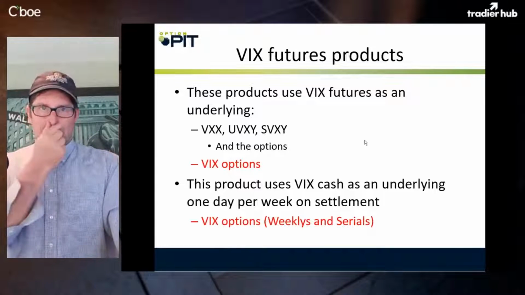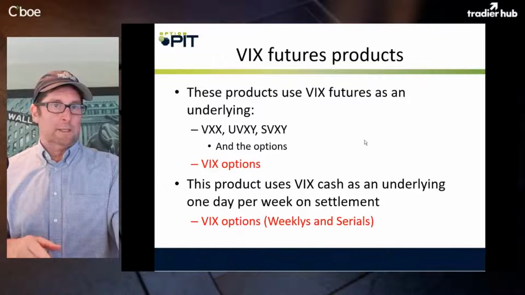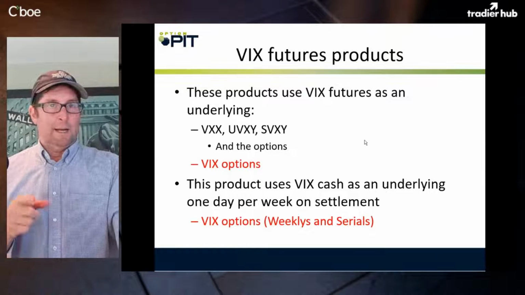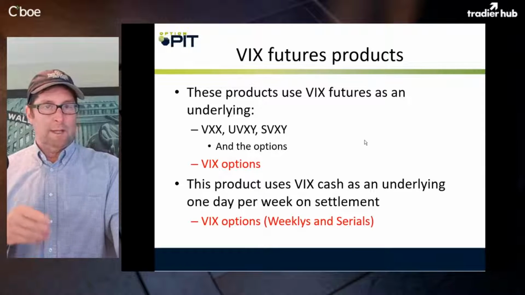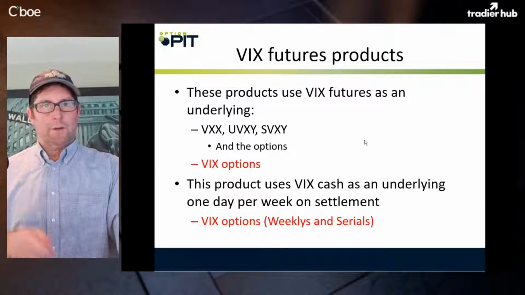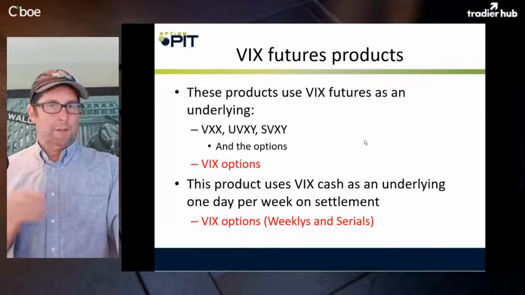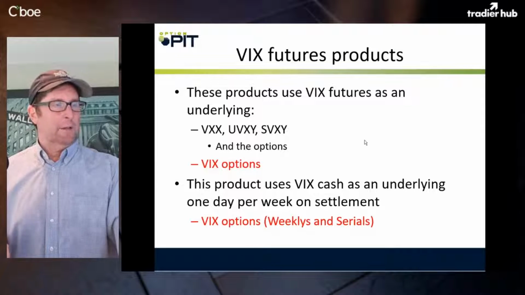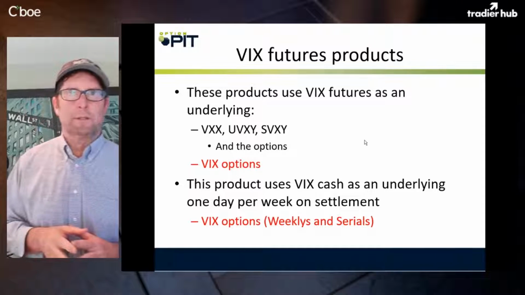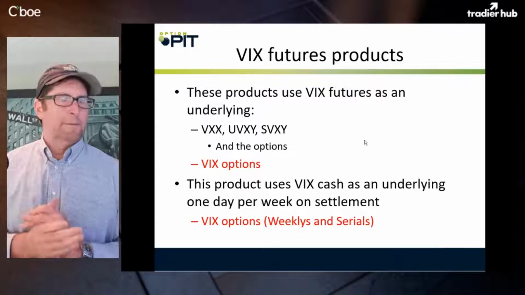This is not a complete list, but it's a list of products that I use that trade from the VIX futures. The first thing is what ETFs use the VIX futures as an underlying. One of the misconceptions people have is they call it the fear gauge and all this other stuff.